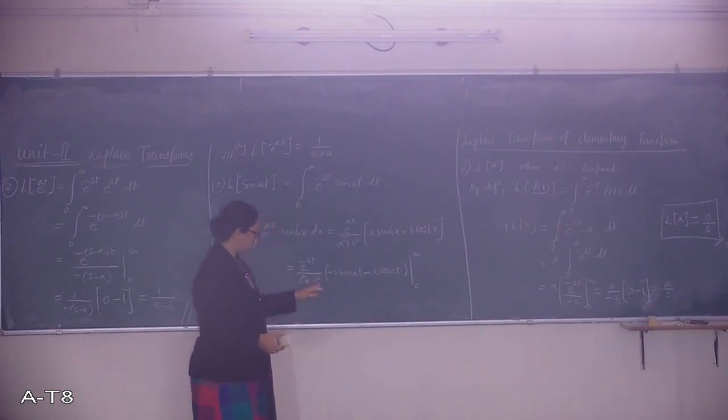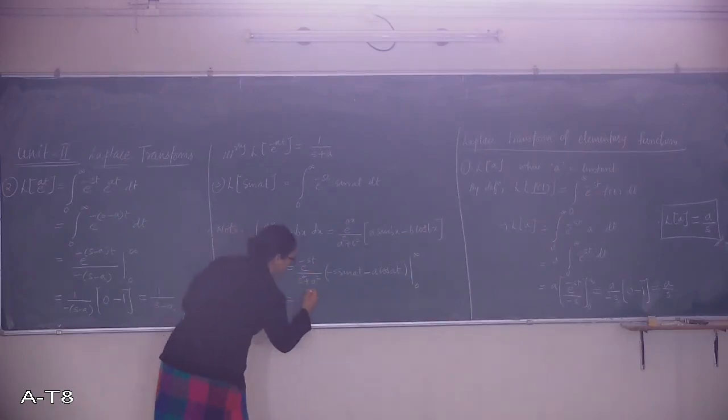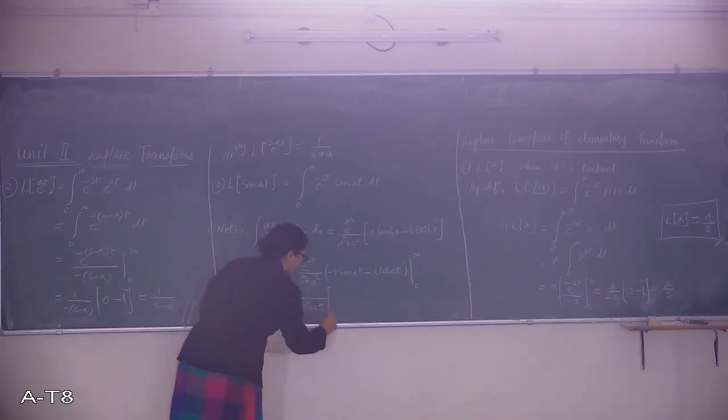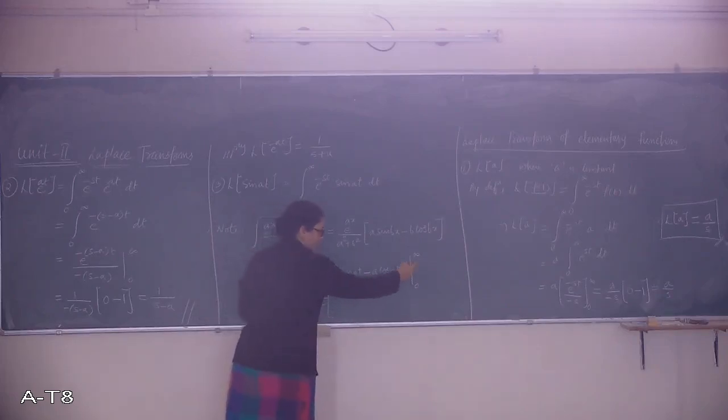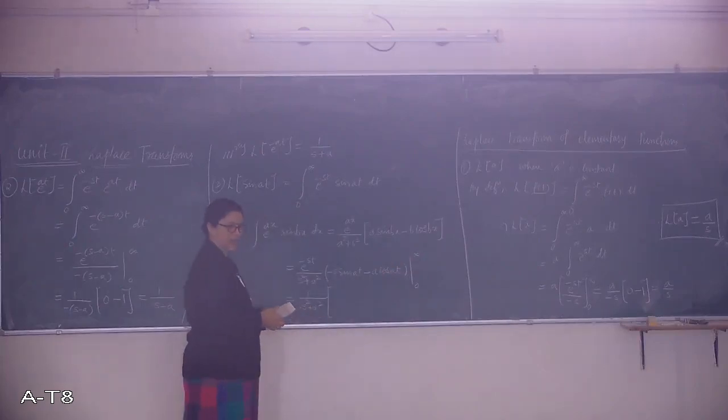Only one term is free from t, that is 1 upon s square plus a square, which is a constant. We take it aside. Now inside the bracket we have e to the power minus st, minus s into sine at minus a into cos at. Now when you apply the upper limit to this, what will happen?